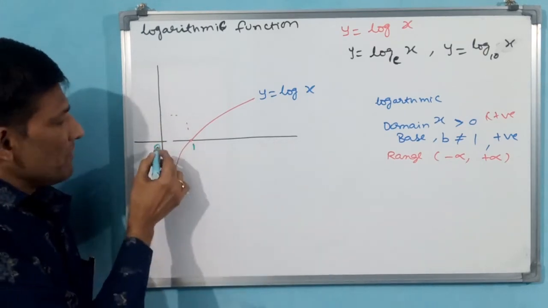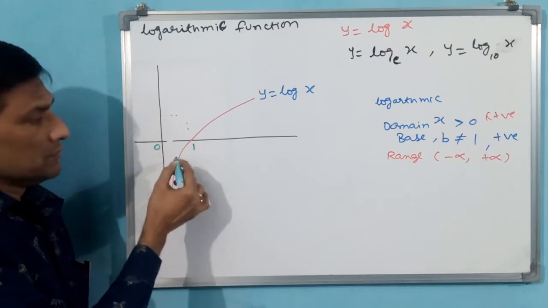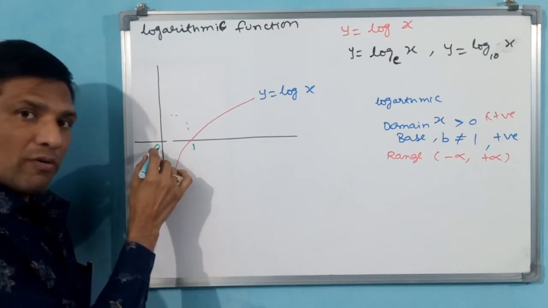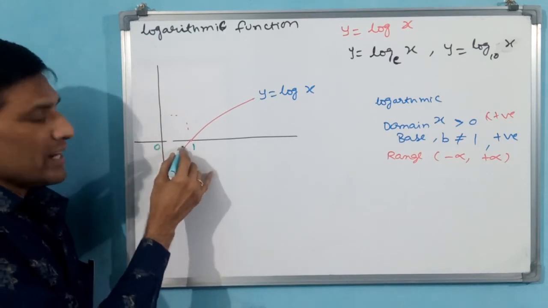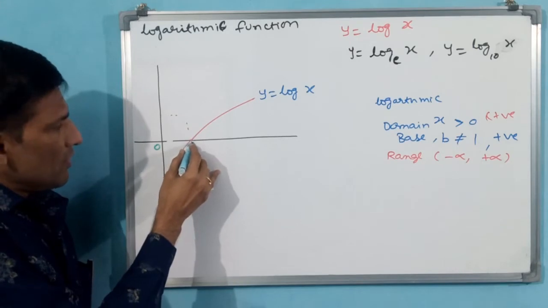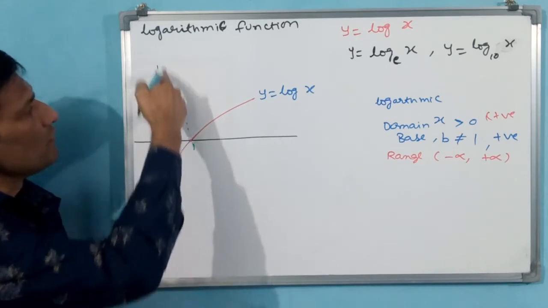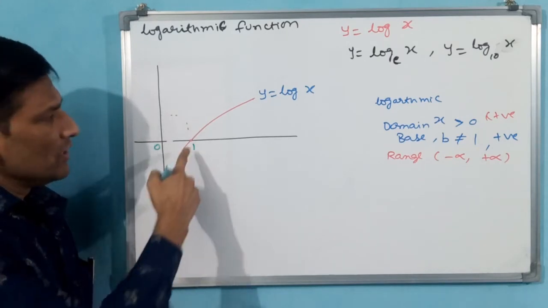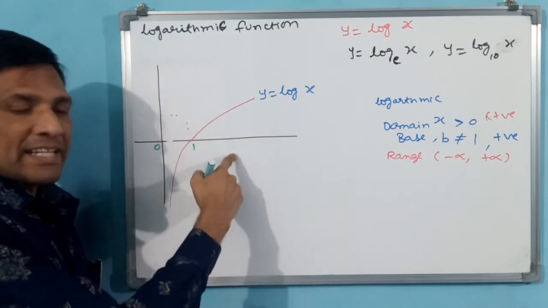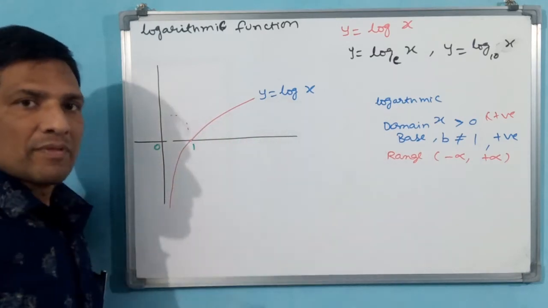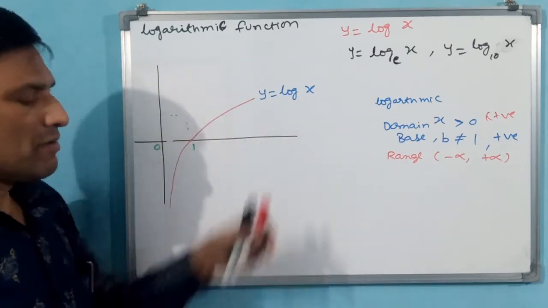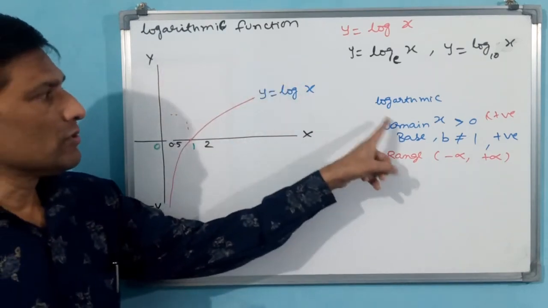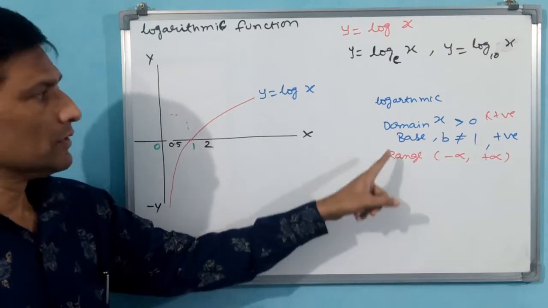If you give input between 0 and 1, always positive numbers, greater than 0 only you can give. If you give input greater than 0 up to 1, the value of y, which is the output range, will be negative. But if you give input greater than 1, the output will be positive. This you have to understand. For logarithmic function also, domain and range you have told.